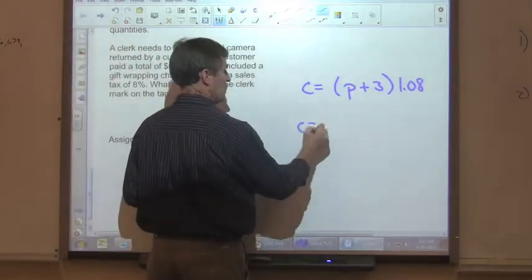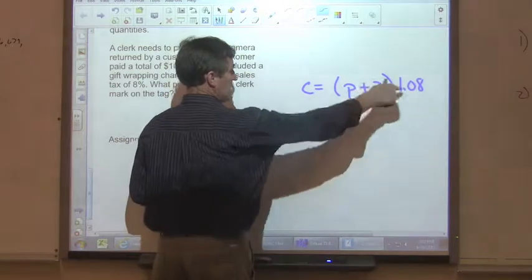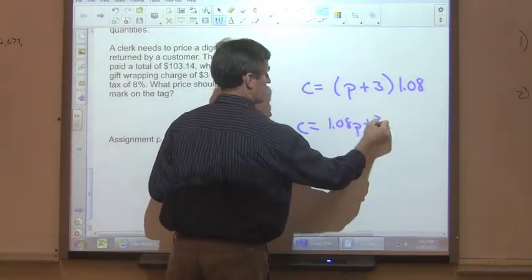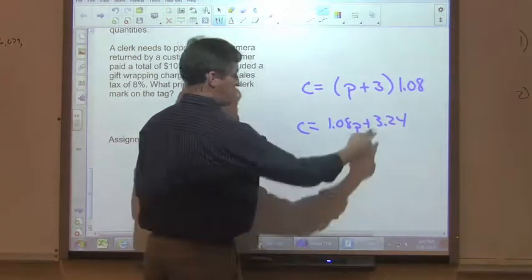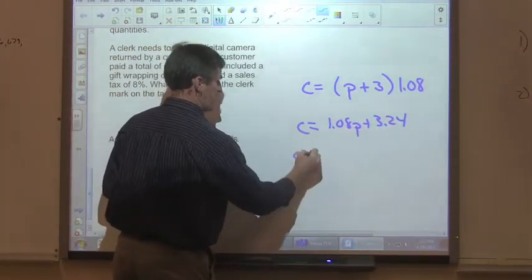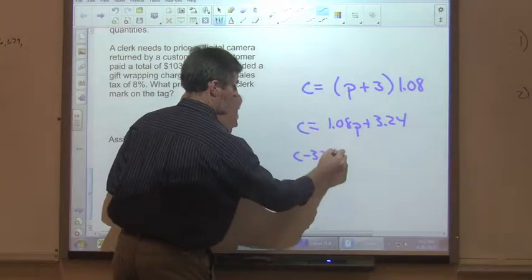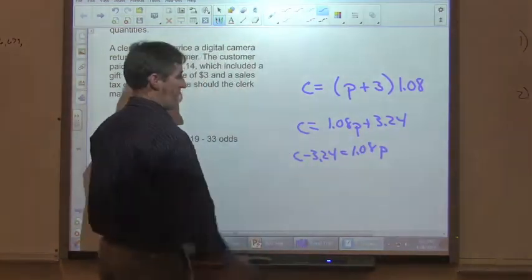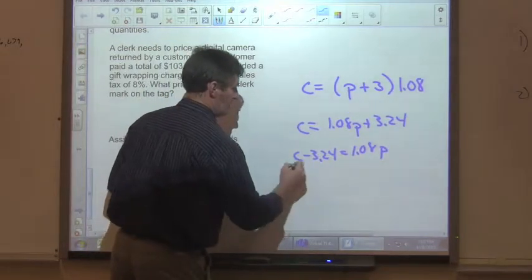So we go C equals, I'm going to go ahead and distribute the 1.08. Subtract $3.24. And divide by 1.08.